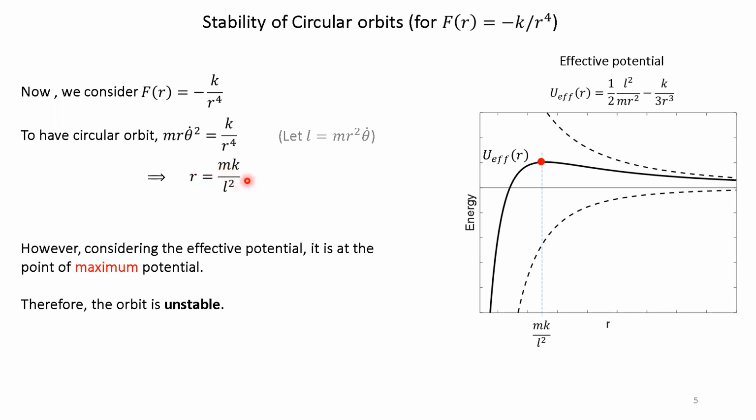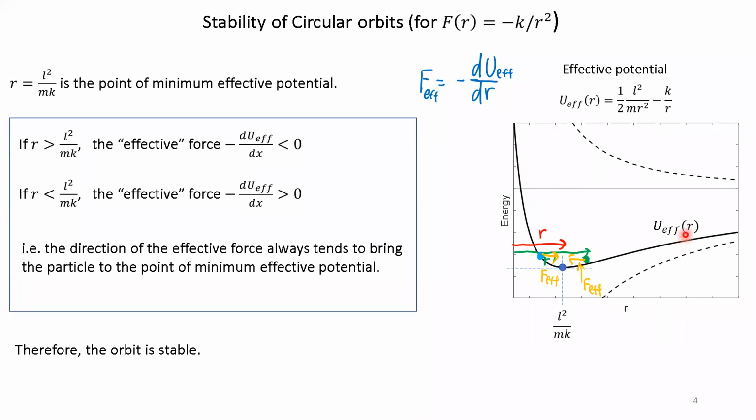Our goal is to study the stability, so now we will again make use of the picture of the effective potential. You can see that the effective potential in this case has a very different behavior compared to what we have over here. Why is that? First of all, remember how the effective potential is constructed. It is the sum of two terms.